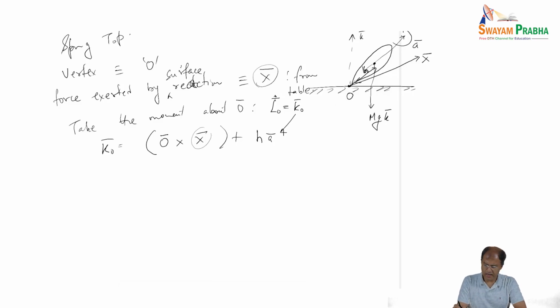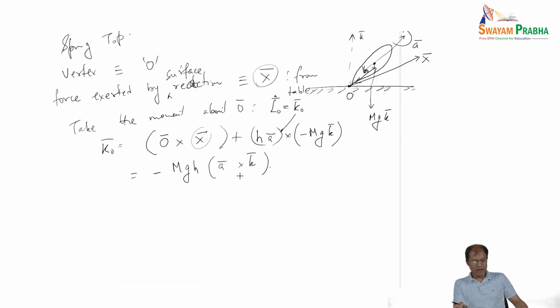So ha cross minus mgk, which is also equal to minus mgh a cross k. So we have the mass.